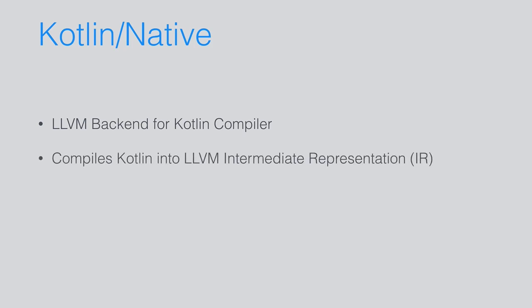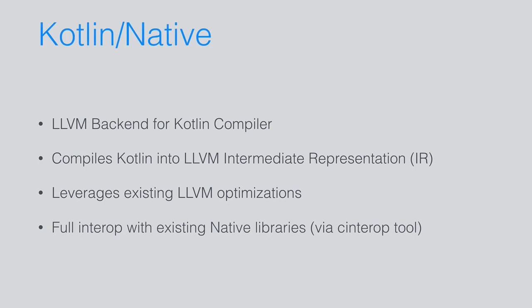Kotlin Native basically compiles Kotlin into the LLVM IR. What that allows you to do is leverage the existing LLVM compiler optimizations, and again, full interop with existing native libraries. So this is super key. And I think, if I can remember my slides, I'll talk a little bit more about the C interop tool and how that works a little later on.